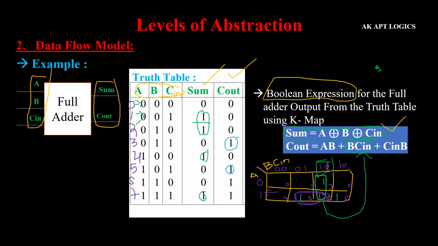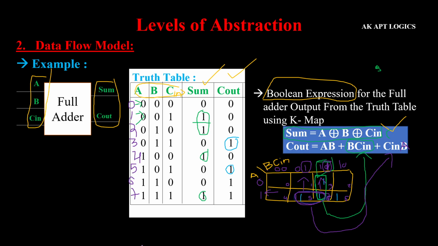And if you look above, Cin is common, there is a 1 and also a 1, whereas B is changing from 0 to 1, so we need to take it as ACin. Sorry, what I wrote earlier was wrong. You need to take it as ACin. It's a printing mistake from my side.